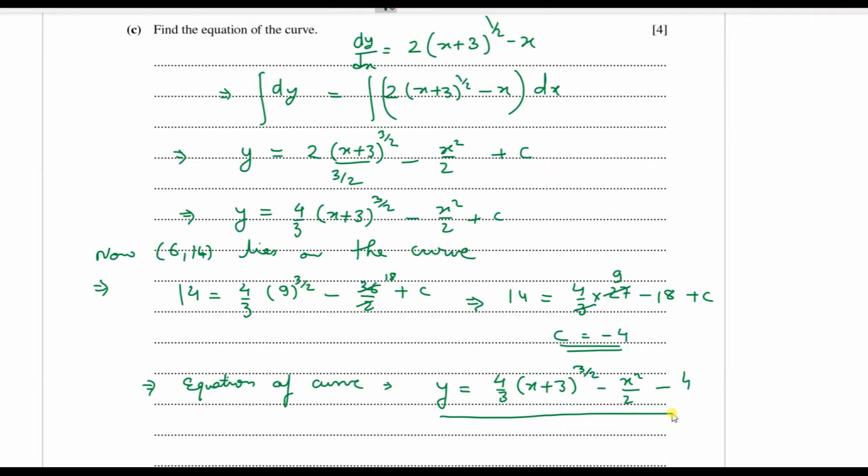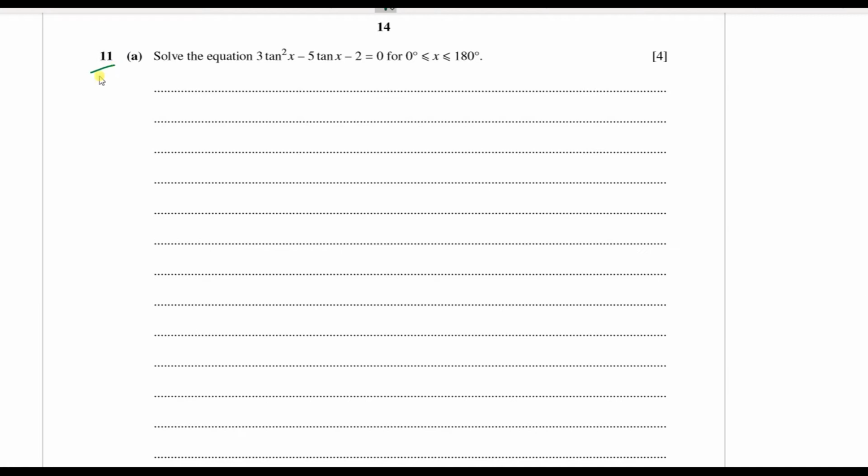So here's question number 11. Next question, A part. Solve the equation 3 tan squared x minus 5 tan x minus 2 is equal to 0 in 0 to 180. We can see it is a quadratic in tan x, so we can factorize it. It will be 3 tan squared x minus 6 tan x plus tan x minus 2 is equal to 0, and hence we can take 3 tan x common.